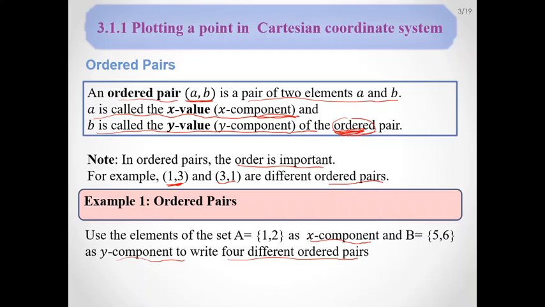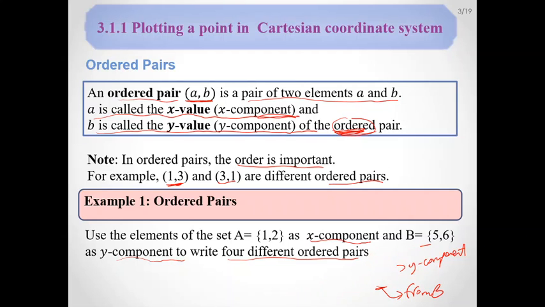So this is the X component, from A, and this is the Y component, from B. We want to use the X components from A and the Y components from B.